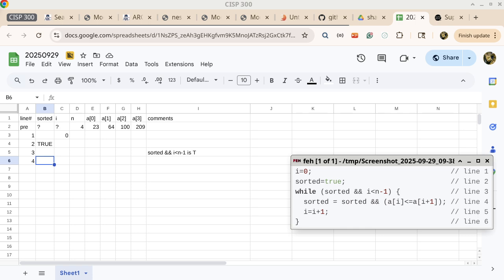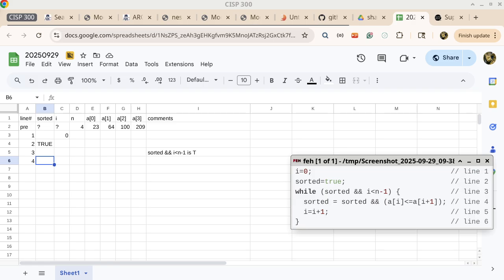Now we have no choice but to evaluate the right-hand side. So now we evaluate the right-hand side of the conjunction on line 4, which is saying, give me the value of A bracket I. So this is going back to array indexing that we talked about in the previous class. So can someone tell me which column I should be looking at when I'm trying to evaluate the value of A bracket I?